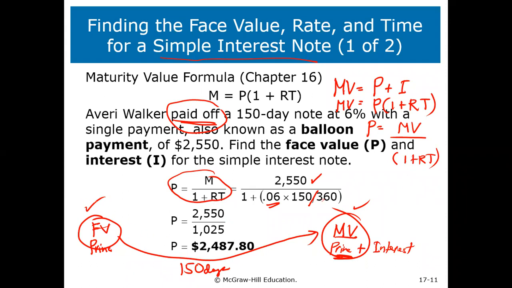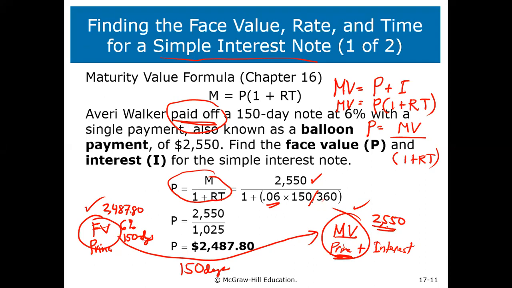In other words, here we borrowed 2487.80. Okay, and it carried with it a 6% interest rate and a term of 150 days. So at the end of this 150 days, what we paid is 2550, which is your maturity value.